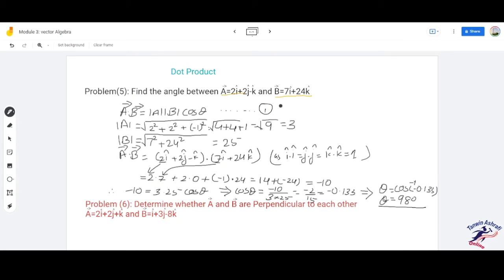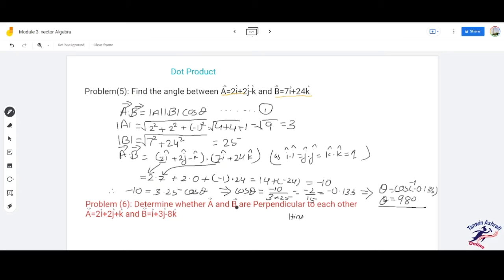Here is another problem for you to solve. Determine whether A and B are perpendicular to each other. Let me give you a hint for this.